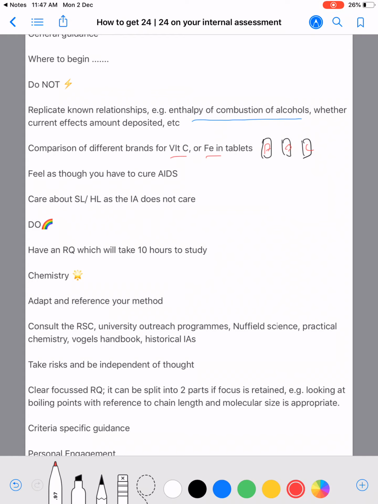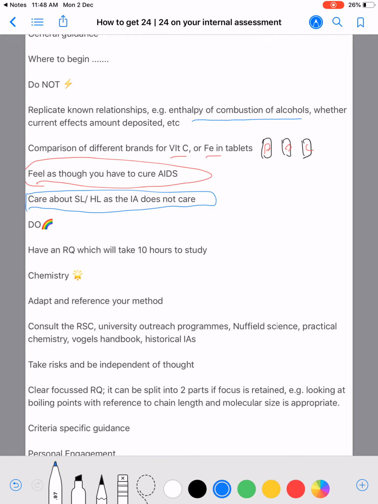But on the other hand, please don't feel like you have to cure AIDS or heart disease or world poverty. You are a 17, 18-year-old student, and you are expected to produce a report which is commensurate with your level of education. Something which is talked about quite a lot by teachers, the standard higher level split.